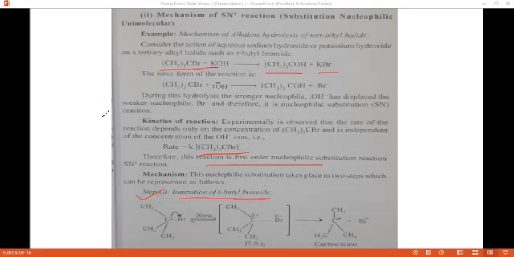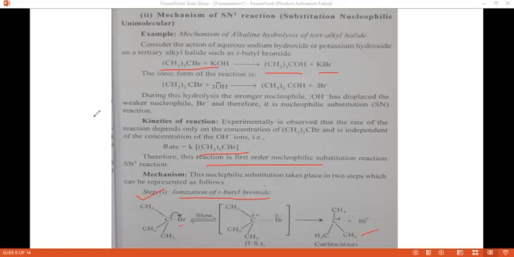Now, the first step is a slow step. This is called the rate determining step. In this step, the bond between the carbon and the bromine is broken, forming the carbocation, because bromine is more electronegative than carbon.